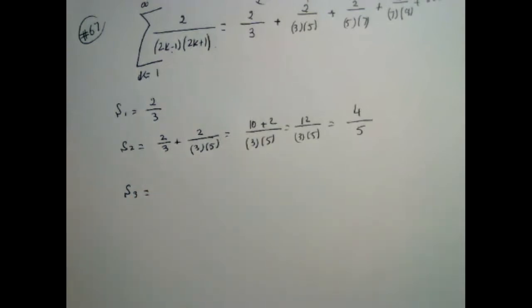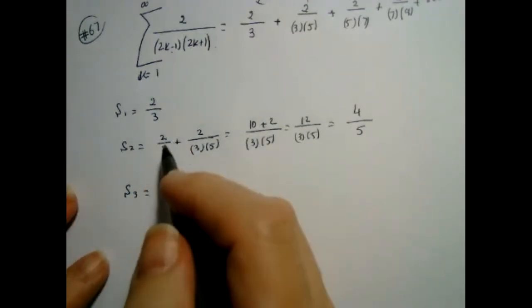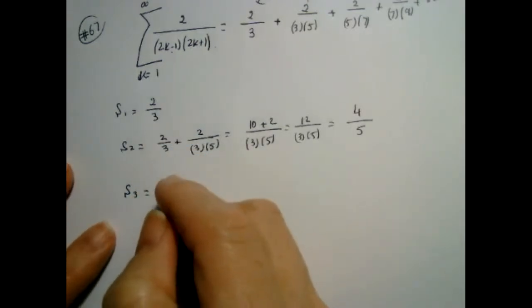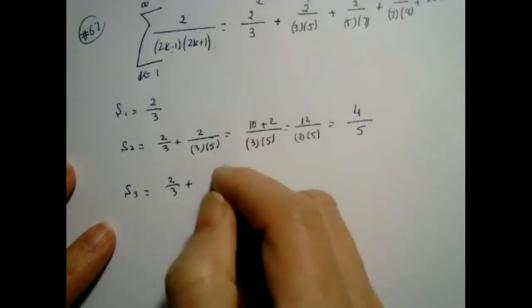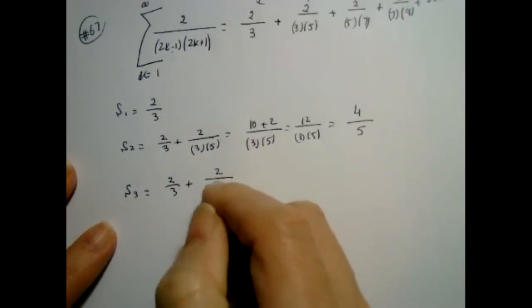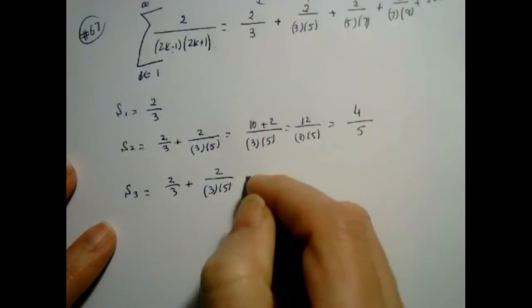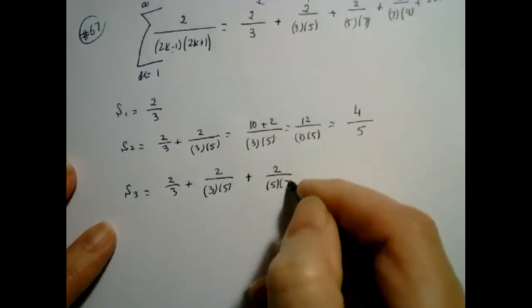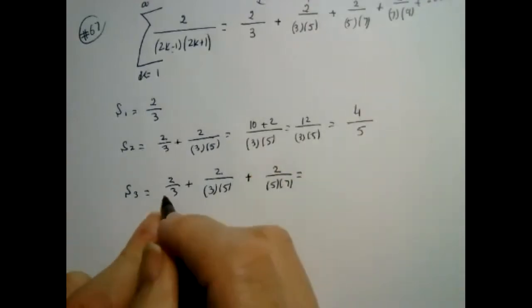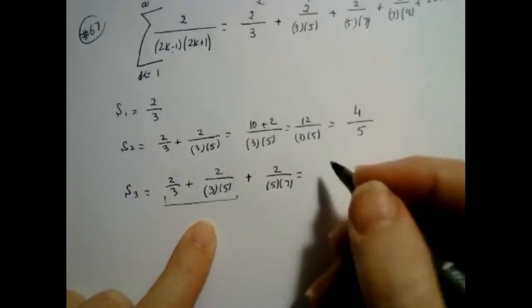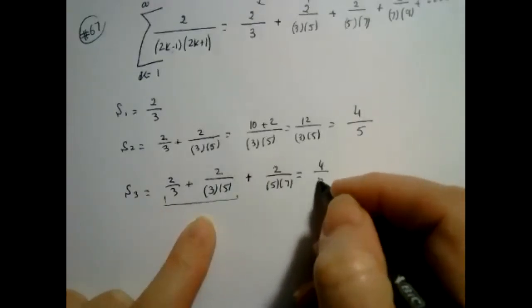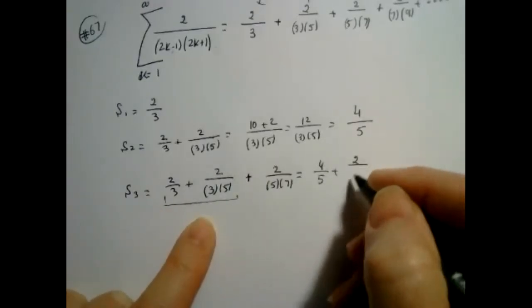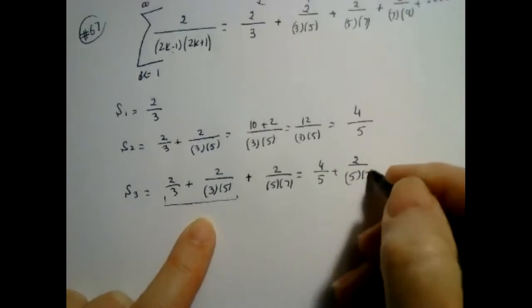Now, the sum of the first 3 terms. All right, what's the sum of the first 3 terms? It is 4 over 5, which I've already added, plus 2 over 5 times 7.